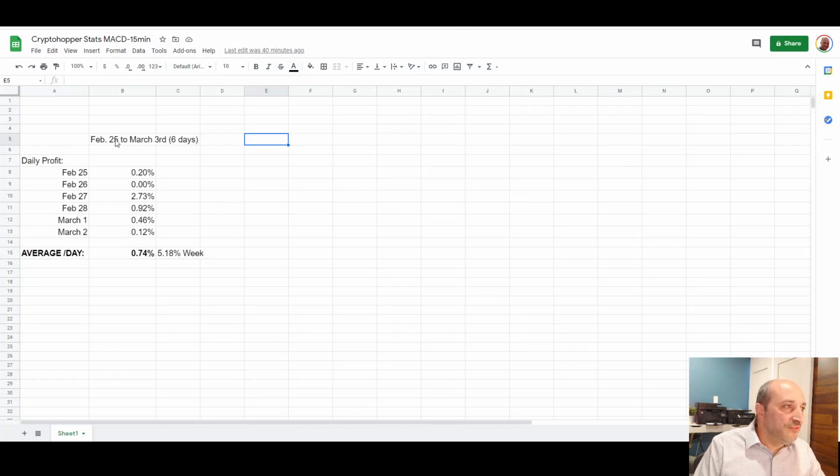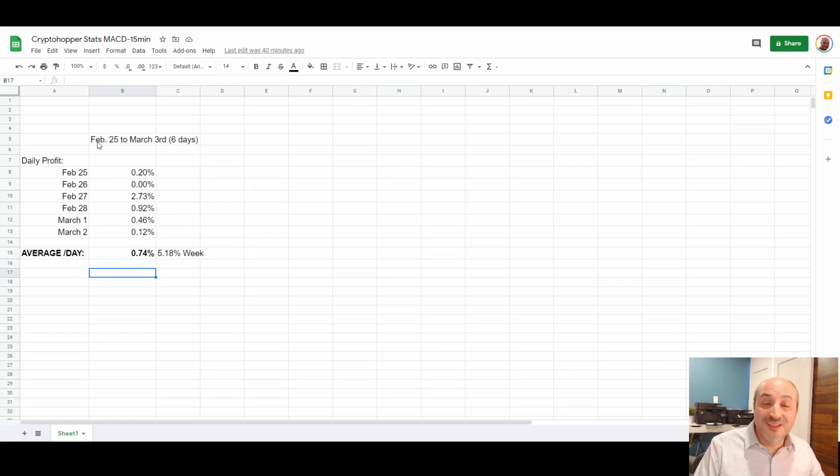I started on the 25th, and it went up to March 3rd, so it was during 6 days that I've been trying the strategy. As you can see, I put all the profit in here. So my daily average, if you do the average on all those, was 74.74% per day, which is about 5% per week. So it's pretty good as far as results.